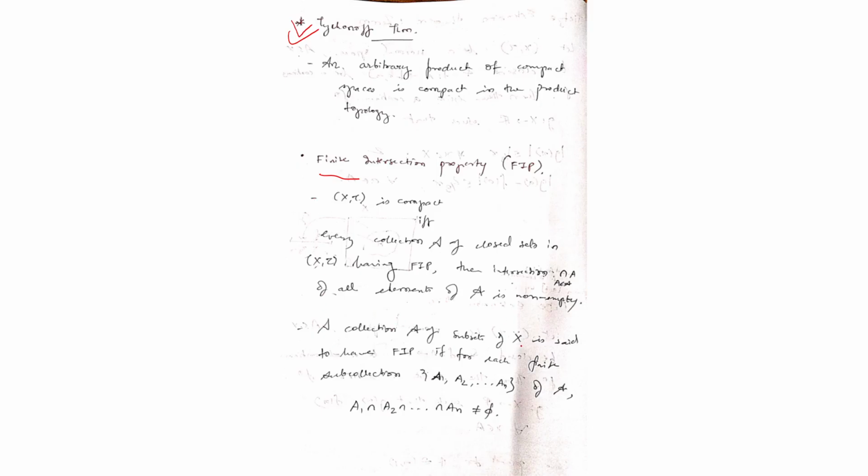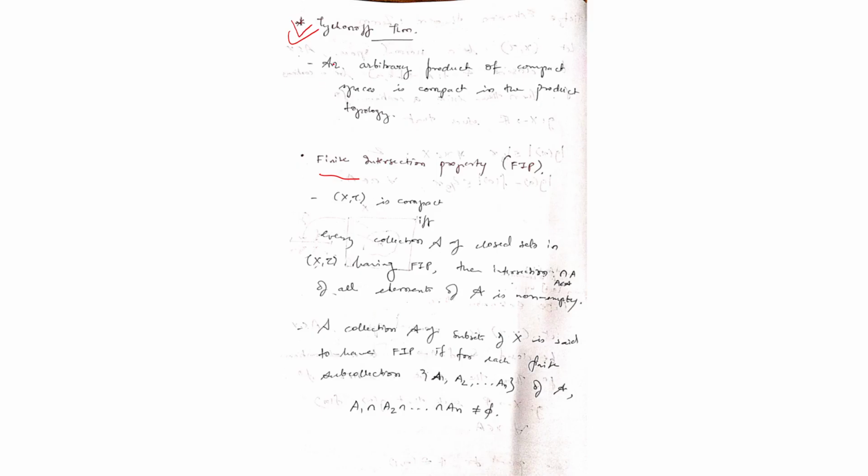A collection A of subsets of X is said to have FIP if for each finite subcollection A1 to An of A, this finite intersection is non-empty. Okay, so if this is satisfied, then we say that the collection has the FIP.